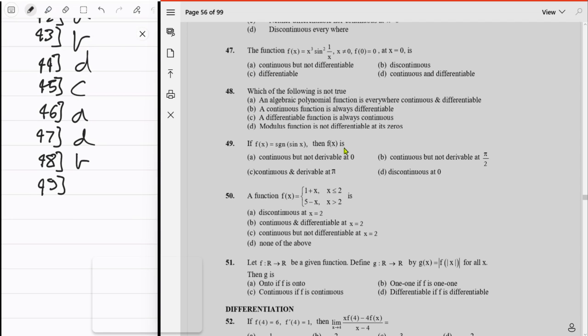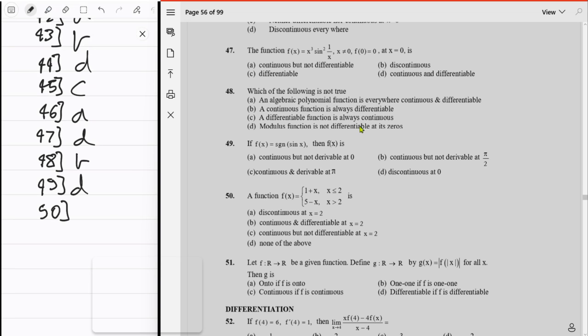It has jump discontinuity, of course. So at x equal to 0, exactly this is 0. At x slightly more than 0, this is 1. Slightly less than 0, it's negative 1. So it's not continuous in the first place. Not just at 0, but at any integral multiple of pi, it works like that.